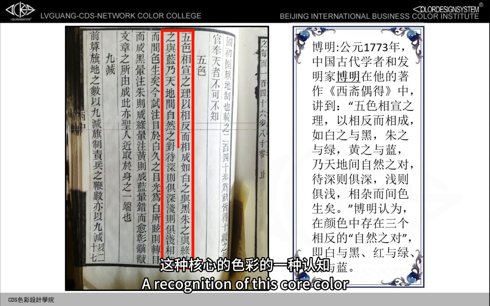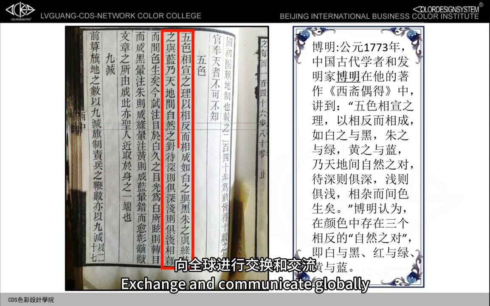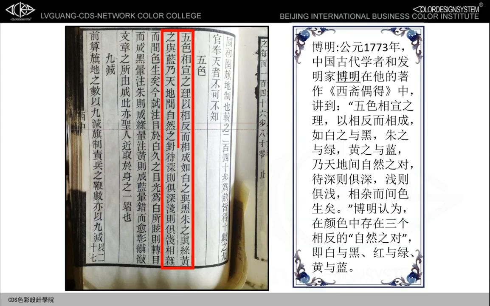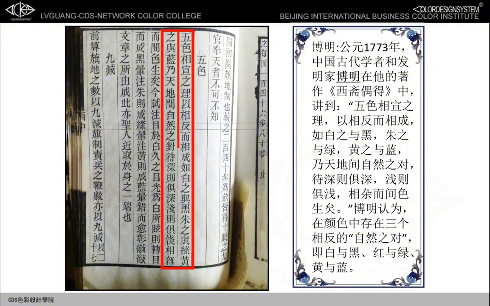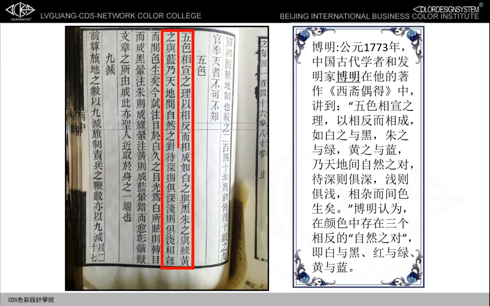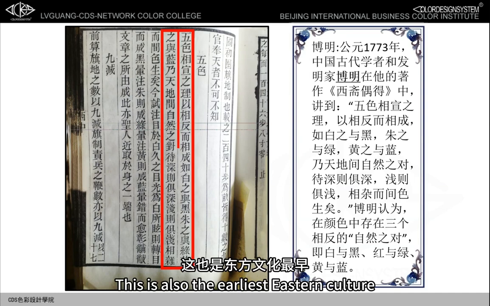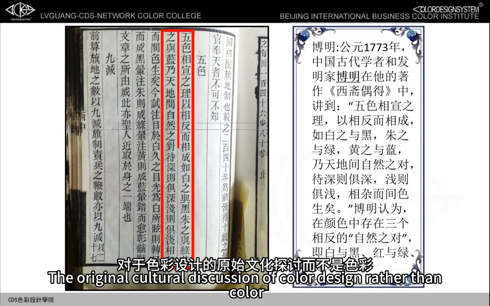A recognition of this core color, exchanged and communicated globally. There are islands of information, and the information is completely asymmetric. This is also the earliest Eastern culture, the earliest discussions on color. It was an original cultural discussion of color rather than color design.